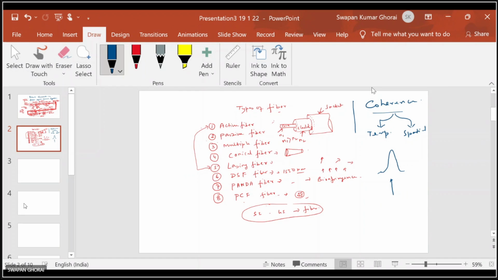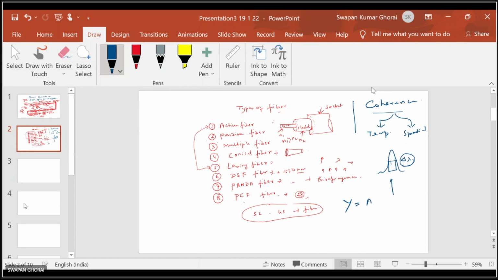Light from the sun has 7 colors, but forget that. Even a single color light is not a delta function. Some spread is there, that means some delta lambda, more than one wavelength. That means it is partially coherent. If it is highly coherent, then there will be one single wavelength.